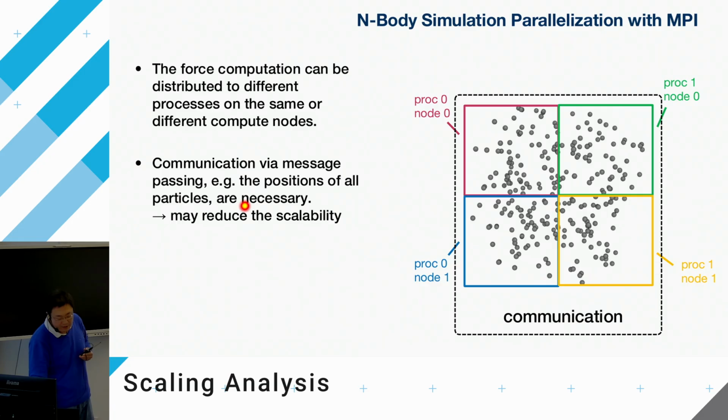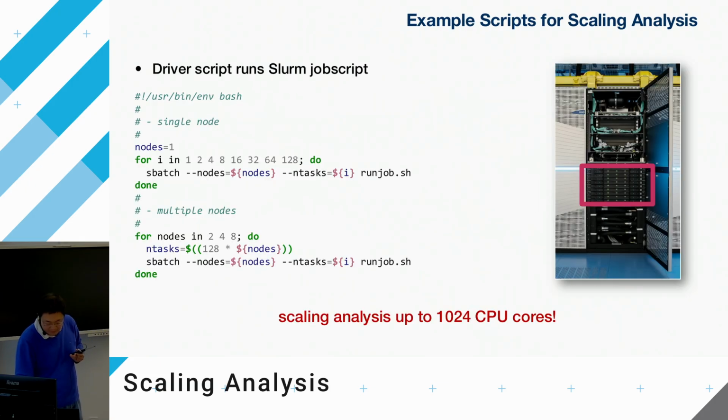This will introduce communication and reduce the scalability of your calculation, because communication does not calculate anything, right? In order to do this, we write a Slurm job script with an increasing number of compute nodes, as you can see here.